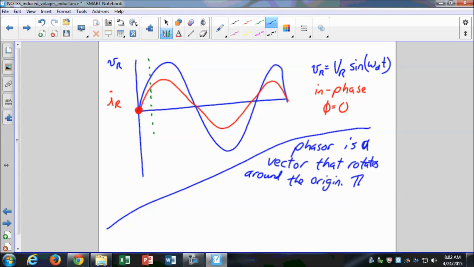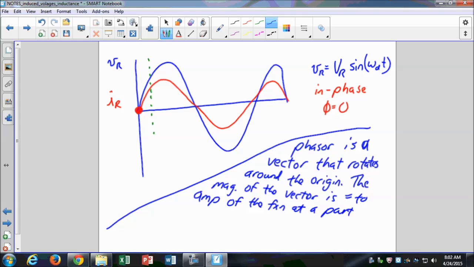The magnitude of the vector is equal to the amplitude of the function at a particular time.